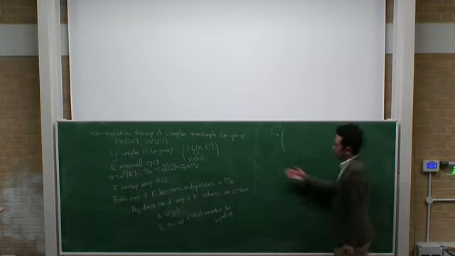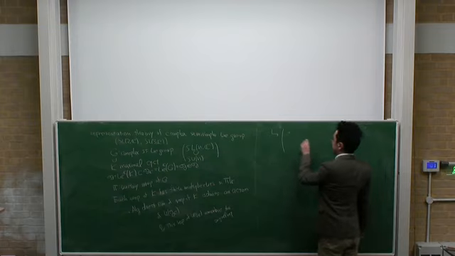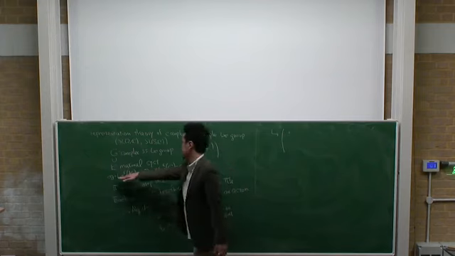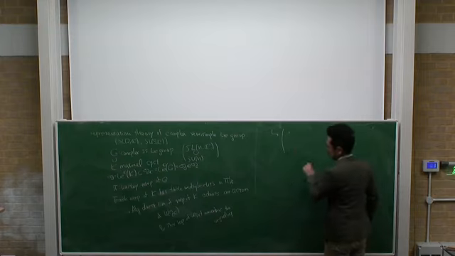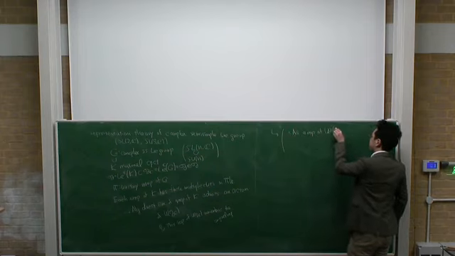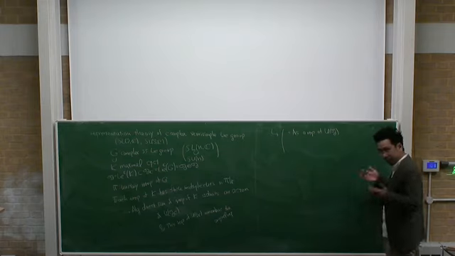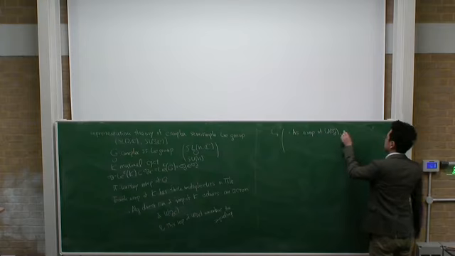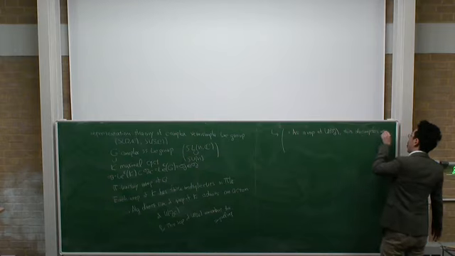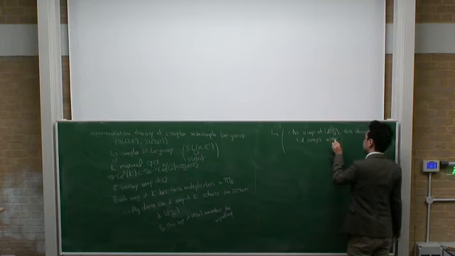Reflecting this, if you restrict this representation to the compact subgroup K, as a representation of K, this decomposes into a direct sum of finite dimensional irreducible representations with finite multiplicities.